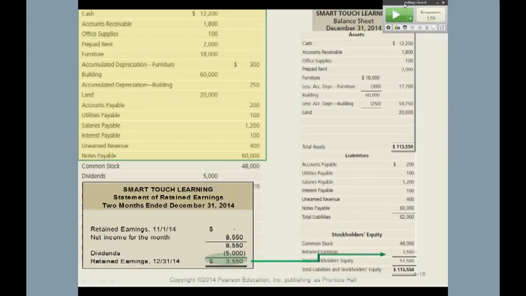There was a $300 accumulated depreciation. Now, although the term isn't used, this is called the net book value. So that's called the net book value of the asset. Now again, this is sometimes called the accumulated depreciation. It's sometimes called the contra asset account.